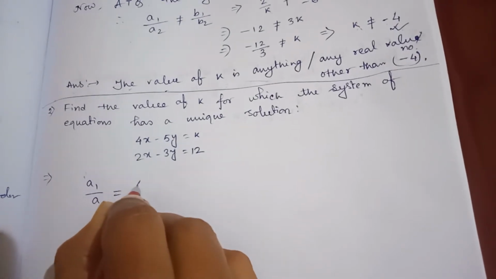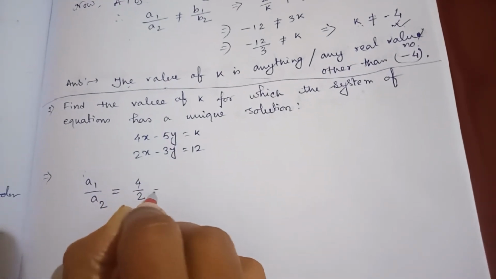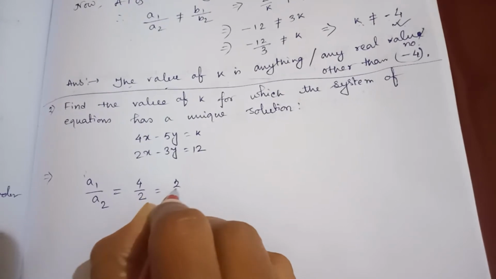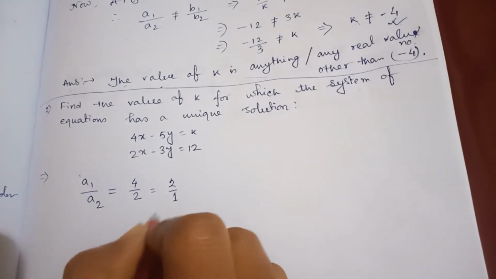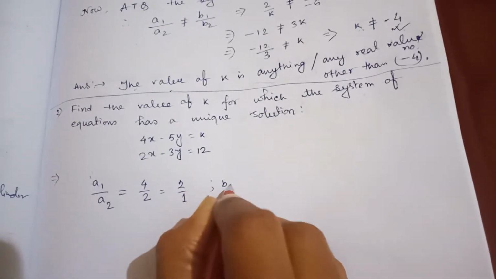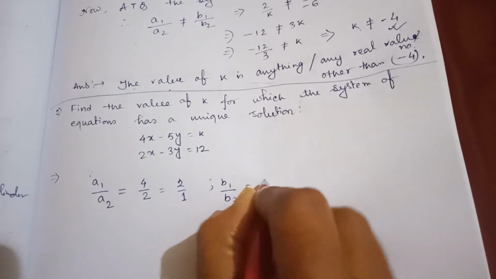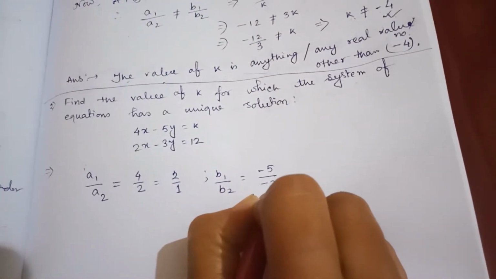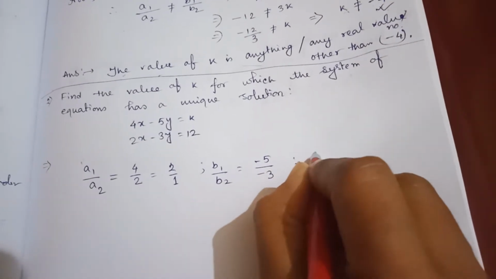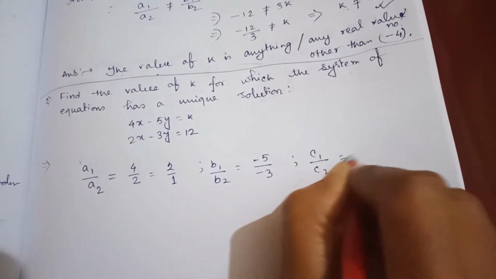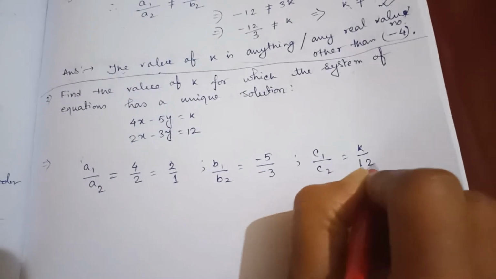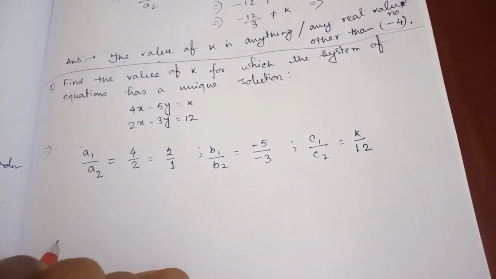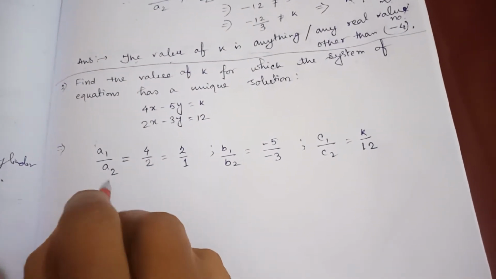equals 4 by 2, that is equal to 2 by 1. B1 by B2 equals -5 by -3, and C1 by C2 equals k by 12. Now look at this.